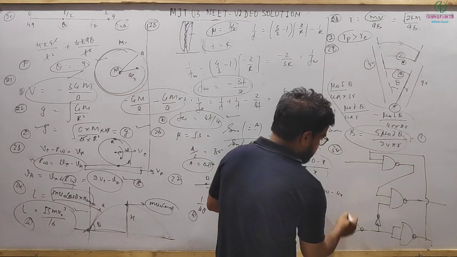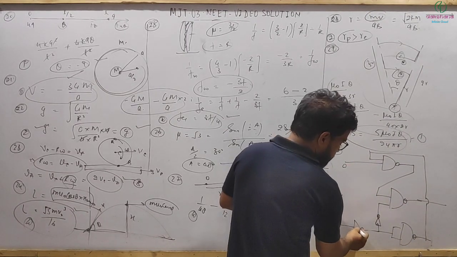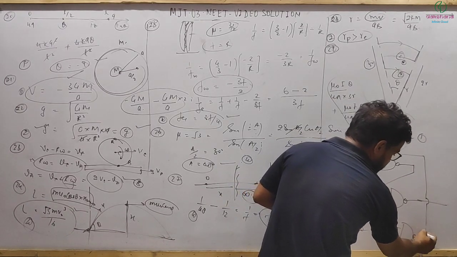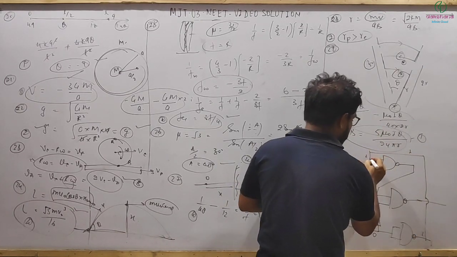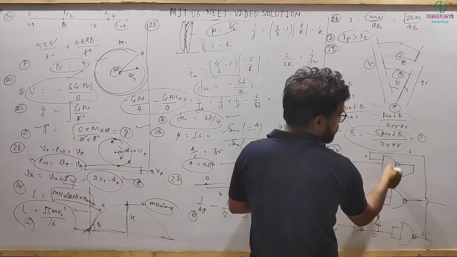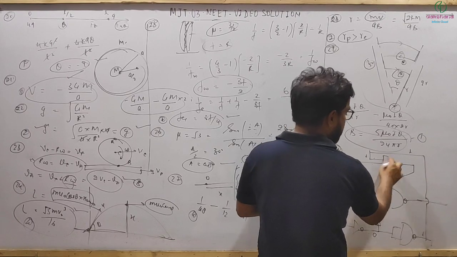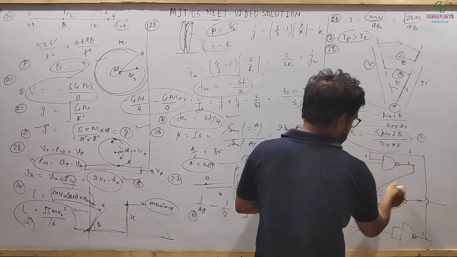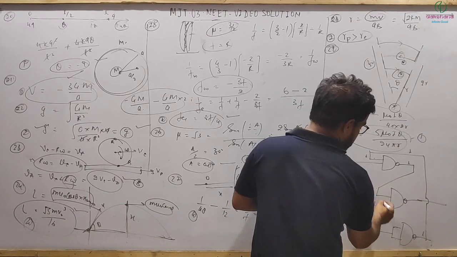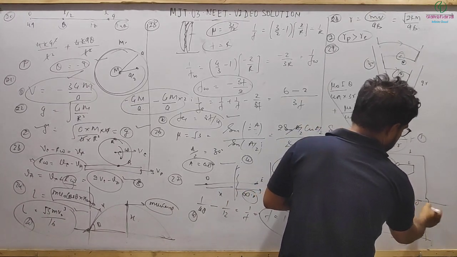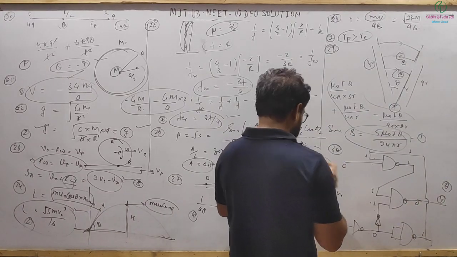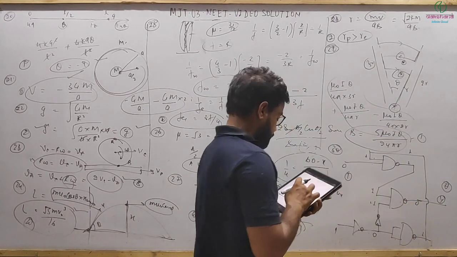So it's 1 0 1, inverse of this 0 0 0, it will be 0, inverse of that 1. It's 1 1 0, it's basically like AND, so it will be 0, inverse of that, it will be 1. And 0, inverse of that, 1 1 1, it will be 1 and 0, so output Y is equal to 0. That's matching with option number 1. So up to question number 30.